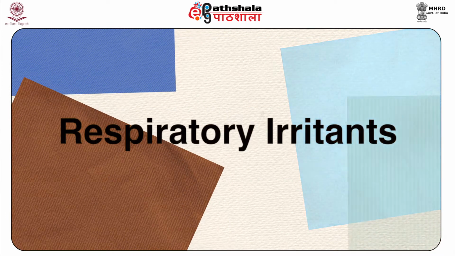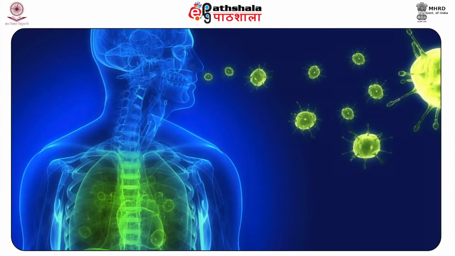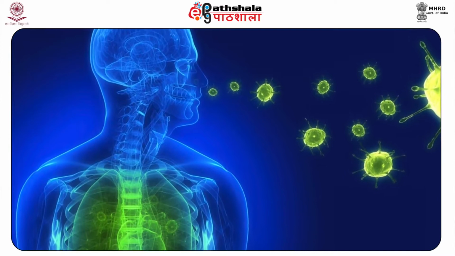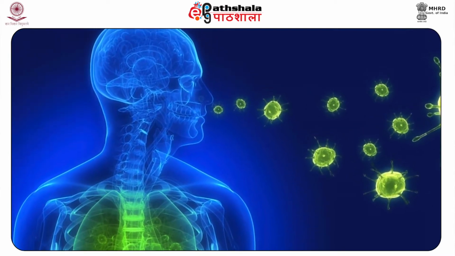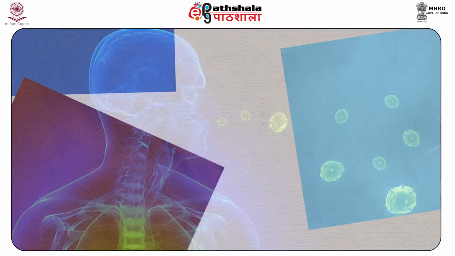Second is respiratory irritants. These gases damage the respiratory tract by destroying the integrity of the mucosal barrier. Examples include acrolein, ammonia, chloramine, chlorine, formaldehyde, hydrogen sulfide, methyl bromide, methyl isocyanate, oxides of nitrogen, osmium tetraoxide, ozone, phosgene, and sulfur dioxide.